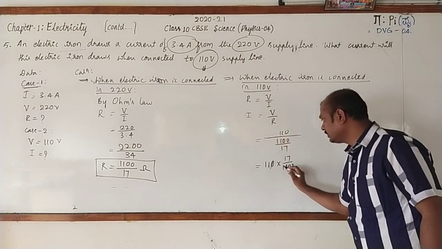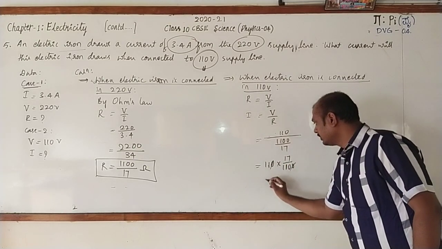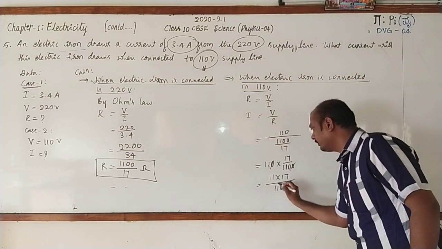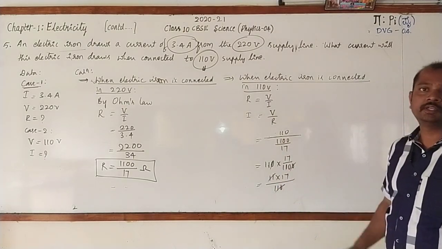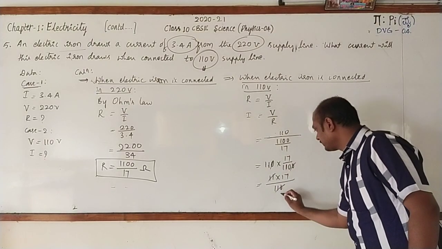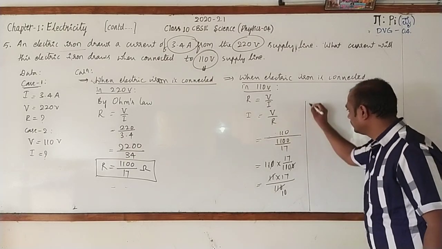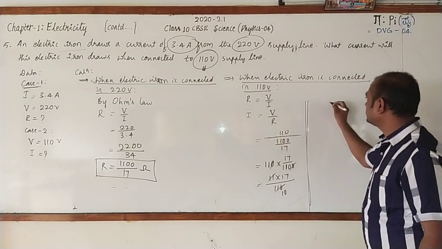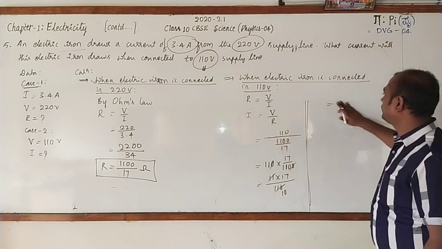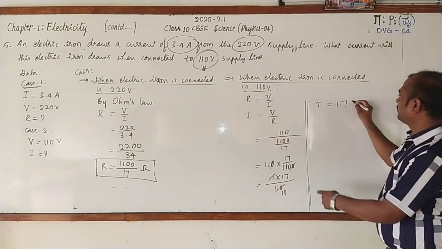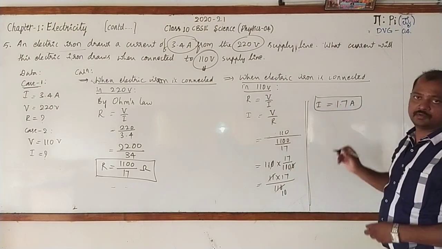Now see that 0 0 cancel. Then it is 11 into 17 by 110. 11 ones are 11, how much are 110? It is 10s. So 17 by 10 here applies. So 17 by 10 is nothing but 1.7. So I is equal to 1.7 amps.